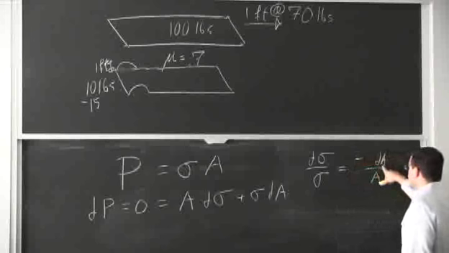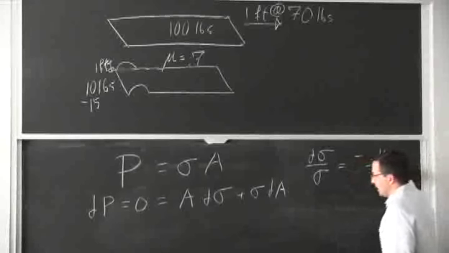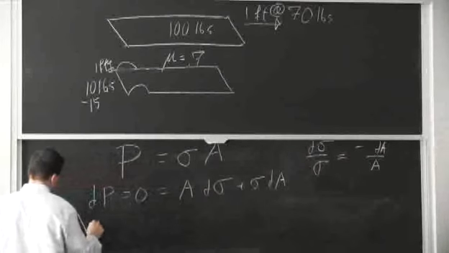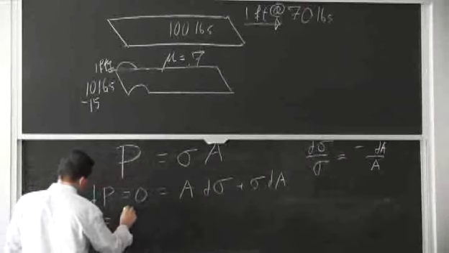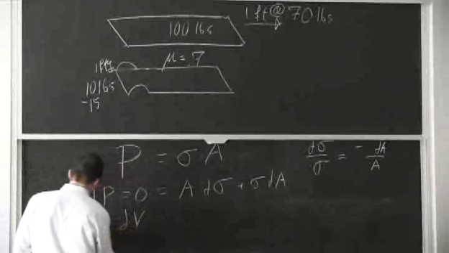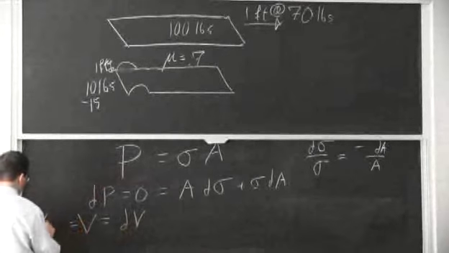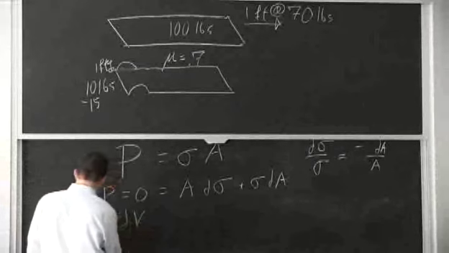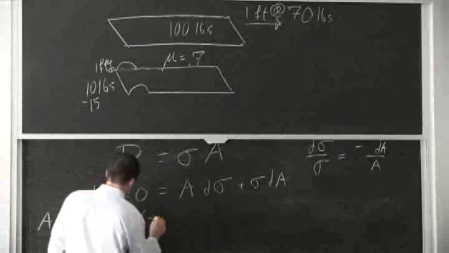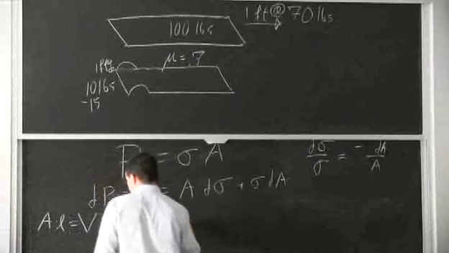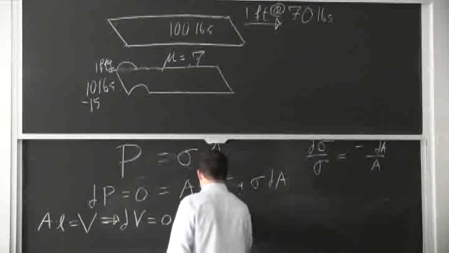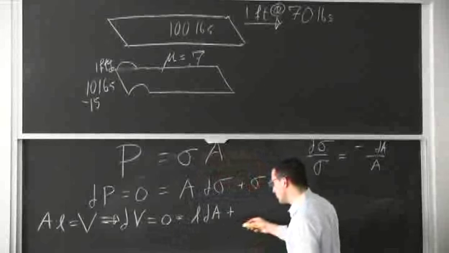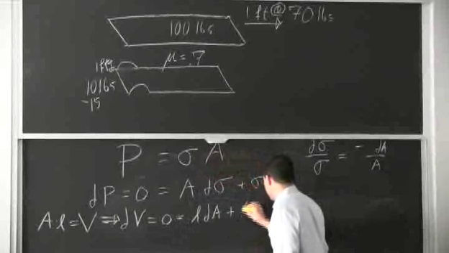All right. We have to work with the dA here, so we'll do that just now. The volume is another thing that is not varying. So that's A times L. It's not varying, so it's equal to 0 here. And it's L dA plus A dL.